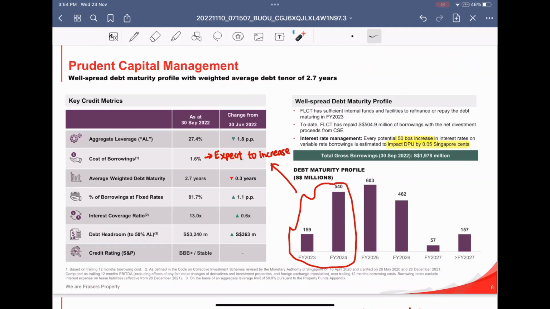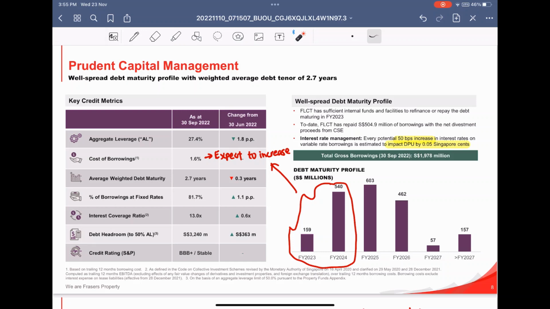Okay, so looking at the debt portfolio for Fraser L&C, I've mentioned before that it's always my favorite, partially because the average leverage is very low with a very low cost of borrowing at 27.4% and 1.6% respectively. Moreover, their ICR is way higher than a typical REIT at 13x, with a good rating of BB+, which means that taking loans is not an issue.